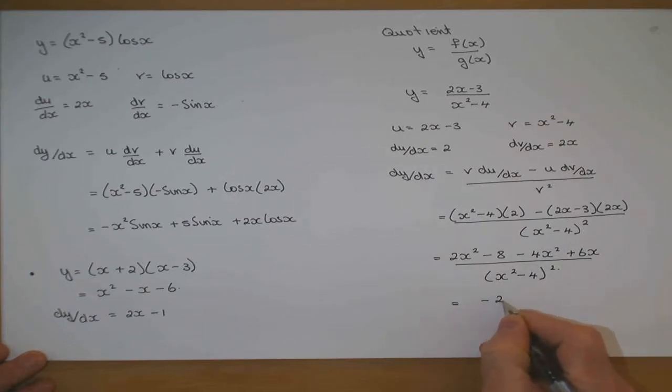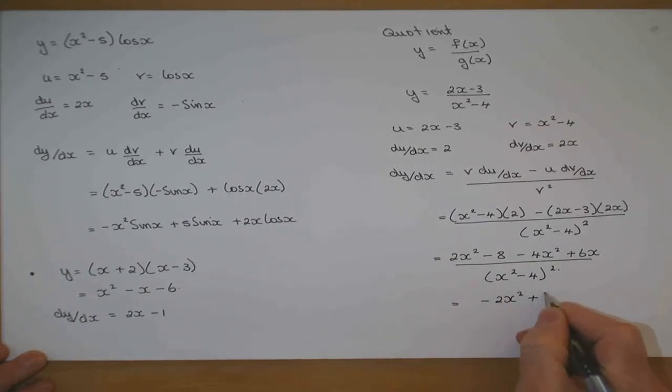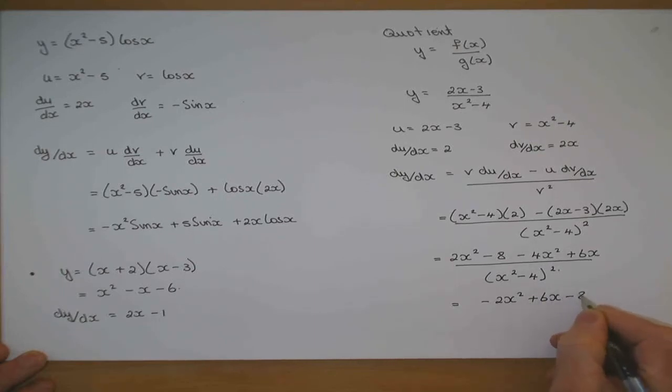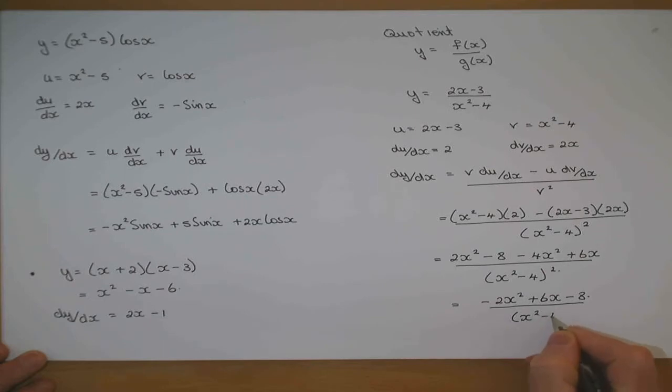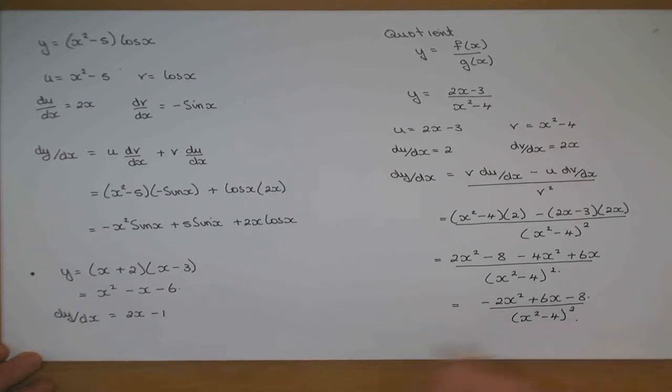So that's minus 2x squared plus 6x minus 8 all over x squared minus 4 squared.